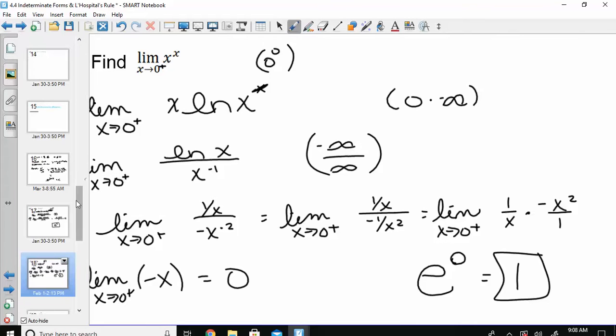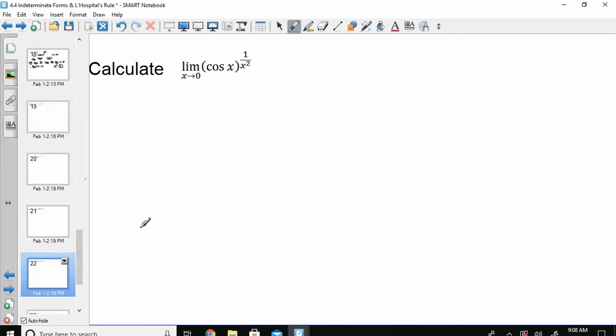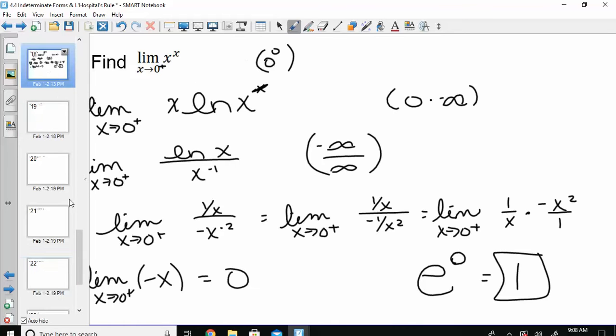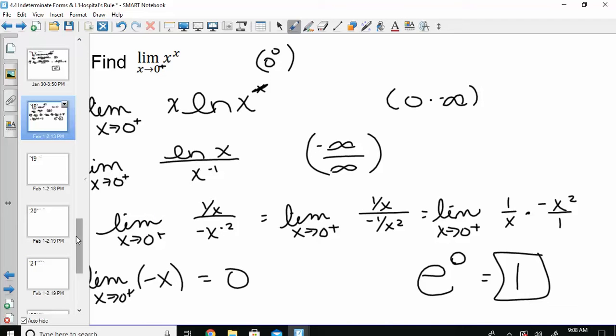We've done examples 10, 11, and 12, so we are ready for 13. Yes, sir. So anything to the 0 power is 1, right? So why is infinity to the 0 power not 1? Okay, so technically a number to the 0 power is 1, but 0 to the 0 is considered undefined, and infinity to the 0 is kind of the same thing.